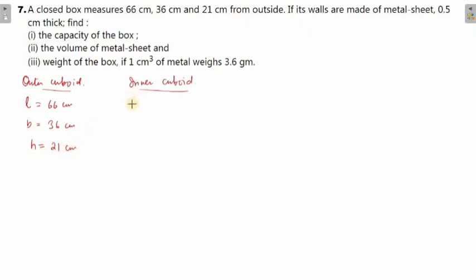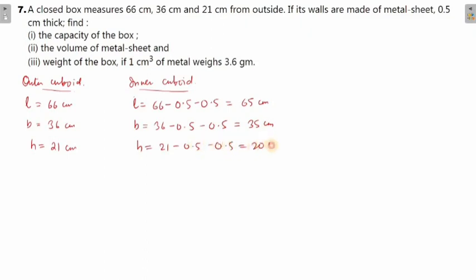For the inner cuboid, since it is closed, we have to subtract the thickness, which is 0.5, two times. So 66 minus 0.5 minus 0.5 gives 65 centimeter. Breadth is 36 minus 0.5 minus 0.5, that is 35 centimeter, and the height is 21 minus 0.5 minus 0.5, which is 20 centimeter. So I got the dimensions of the inner cuboid.